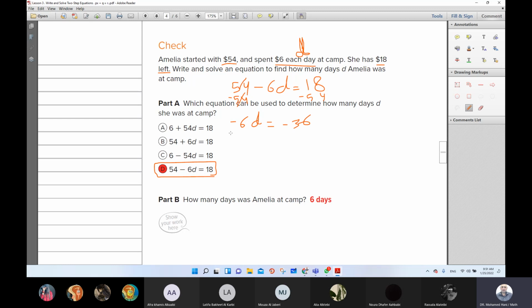Then we want to remove negative 6. So divide the two sides by negative 6. Negative 6 divided by negative 6 will be 1. 1D means D, equal negative divided by negative, positive, 36 divided by 6 will be 6. So the number of days will be 6 days.